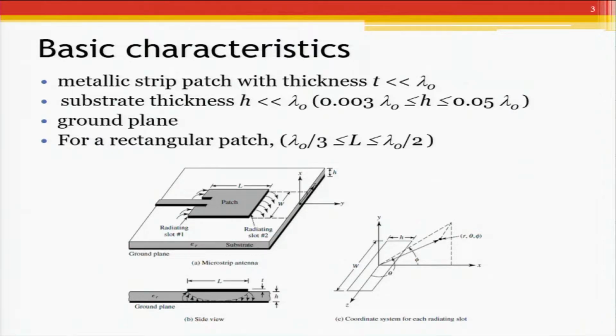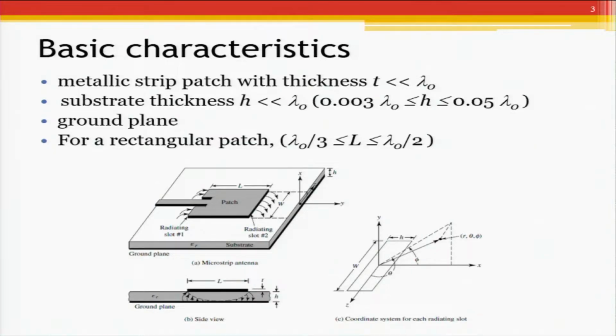I'm sorry, I forgot to mention T, which is the thickness of the patch. The thickness of the patch is much less than the operational wavelength, lambda naught. And the substrate thickness, h here, is also much smaller than the operational wavelength.